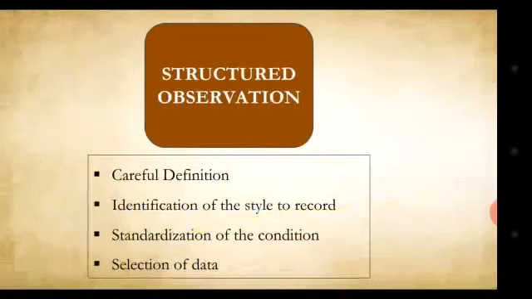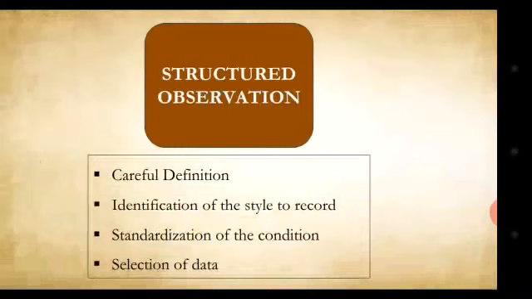Now we'll move on to the very first one, called structured observation. The word itself sounds well, it is structured. In structured observation, we carefully define the nature of the observing environment. I'm going to define what I'm going to observe. I'm not going to observe everything.